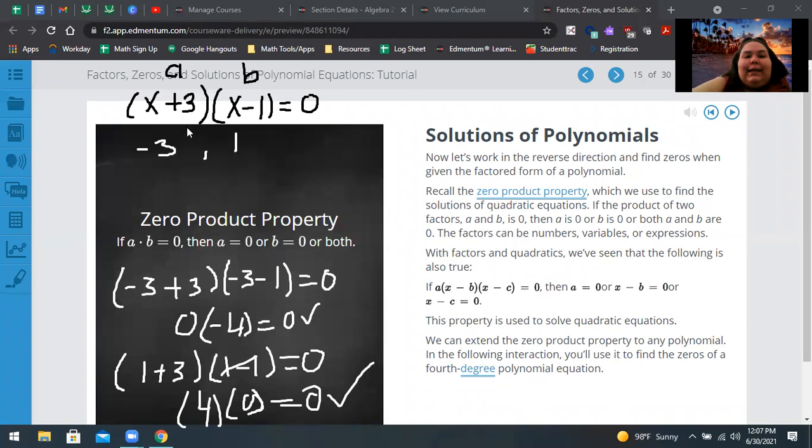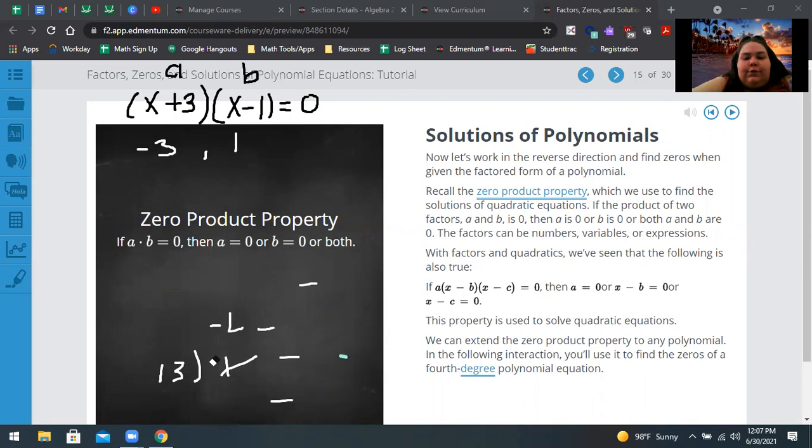Now, how are we getting these answers? I'm just going straight into here. But how am I getting -3 and 1? The extra step that we can take to find those values instead of jumping straight into it is that I take the factor x plus 3 and set that equal to 0.